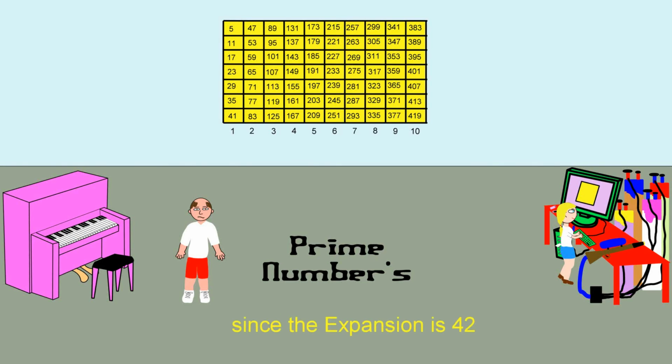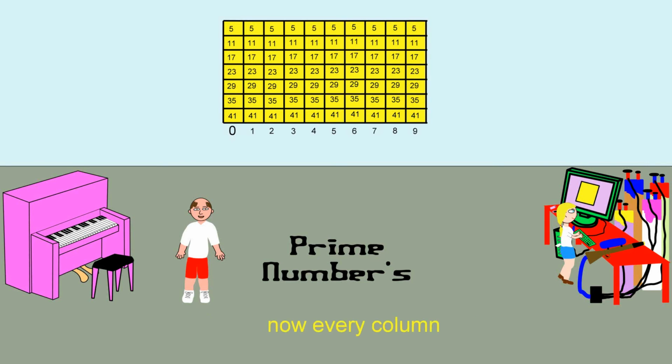Since the expansion is 42, then every column is plus 42. So if we moved the column numbers down one space and add a 0 to the beginning, every column number would then indicate the underlying numbers of 42. Now every column is just 5 through 41, but with an expansion amount of 42 times the column number.